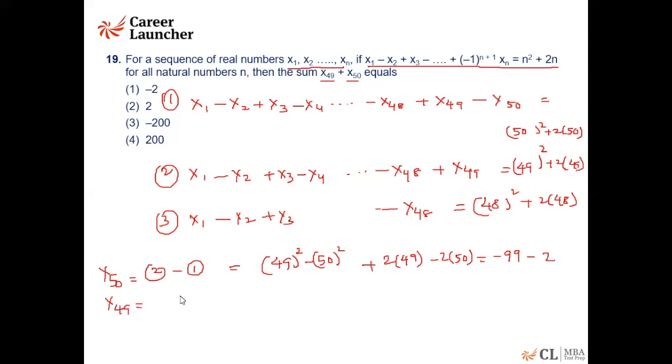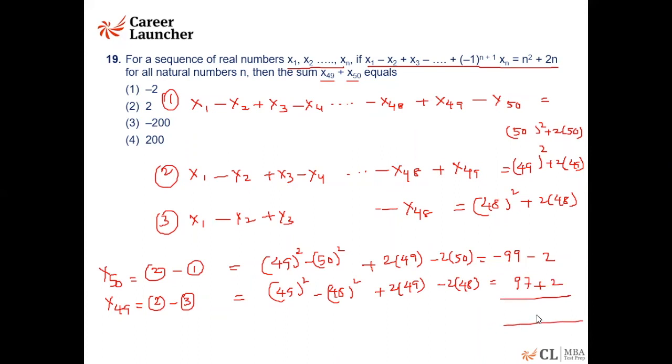I would get x49 by subtracting equation 2 minus equation 3. If I do that subtraction, I'm going to get 49 squared minus 48 squared plus 2 into 49 minus 2 into 48, which is equal to 97 plus 2. So when I add these two, I'm going to get the answer as minus 2. So x50 plus x49 is equal to minus 2.